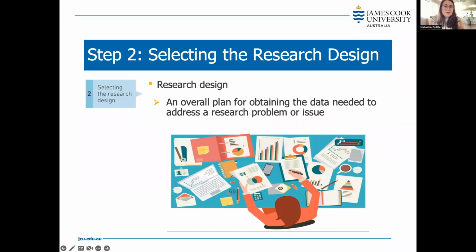So when we select the research design, this is now where we're looking at the overall plan that we're going to use to obtain that data needed to address the problem or the issue. So this step requires determining what type of research is going to be most appropriate for answering our research question.